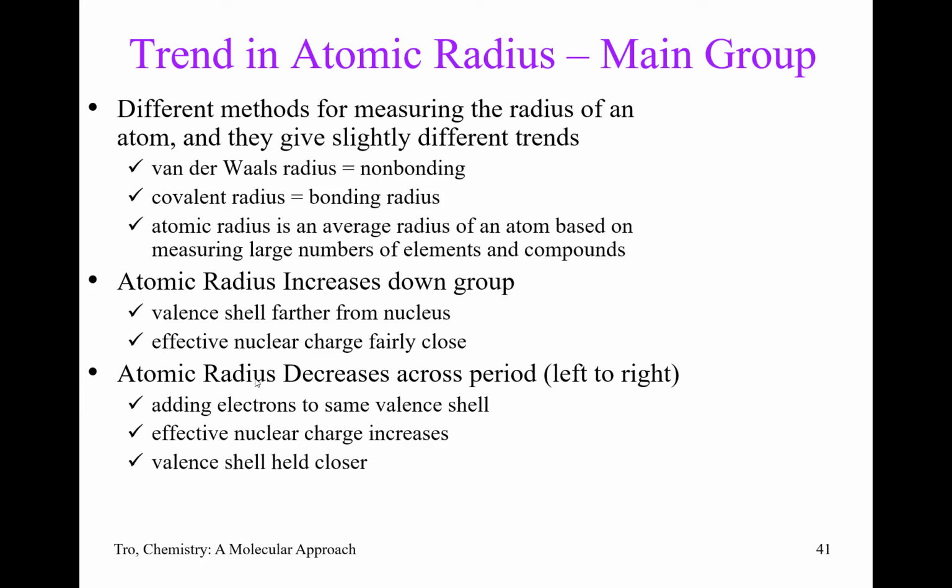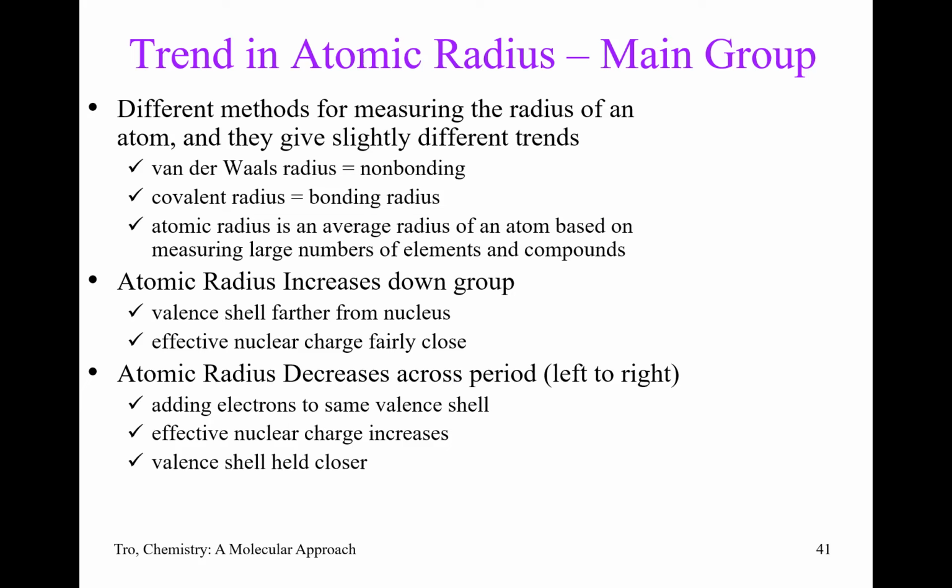The atomic radius decreases as you go across the period. This one's not as dramatic, but it is there. The idea here is that the electrons, as you move across, are going into the same shell and thus the same distance. But as you go across the table from one element to the next, you get an extra proton.